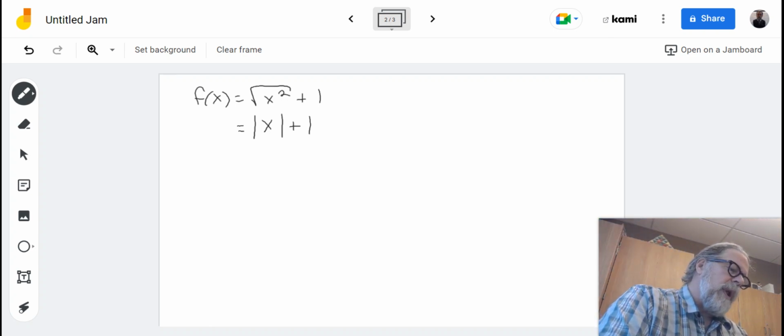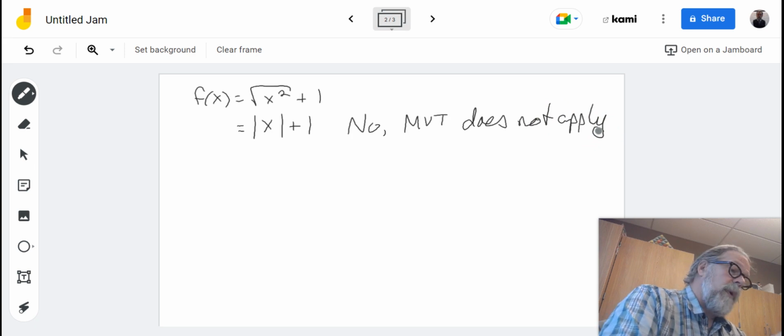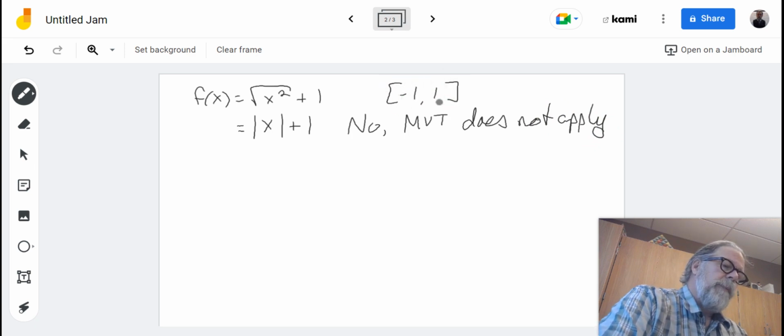And we know that no, the mean value theorem does not apply because this is not differentiable in the interval that includes x equals 0. And for the purposes of the problem, which I forgot to mention, we're looking at the interval -1 to 1. That's just a vertical shift of absolute value.